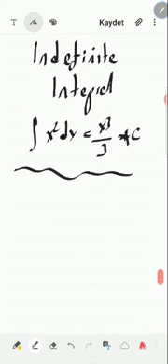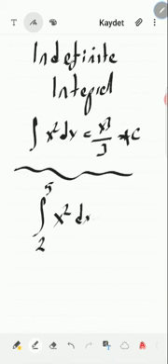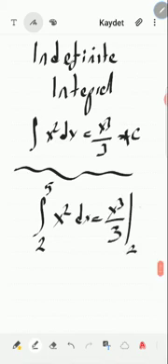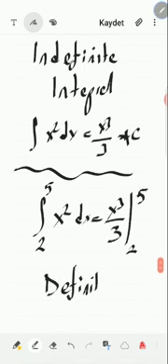When we are talking about definite integral, it is exactly the same. We will define the same function x to the 2 dx in terms of lower and upper limits, like 2 and 5. We integrate it and we substitute for 2 and 5 and we take their difference. We can call this a definite integral.